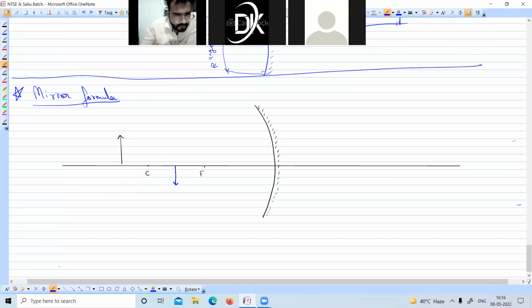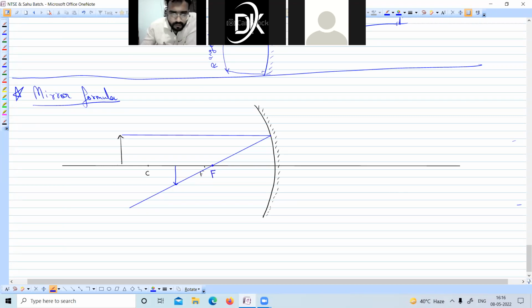Now we will join the lines. Let us join the line from this point, parallel. Okay, again from this point, I will join this point. Now this is the point. Wherever it intersects, I will say this is the point focus.